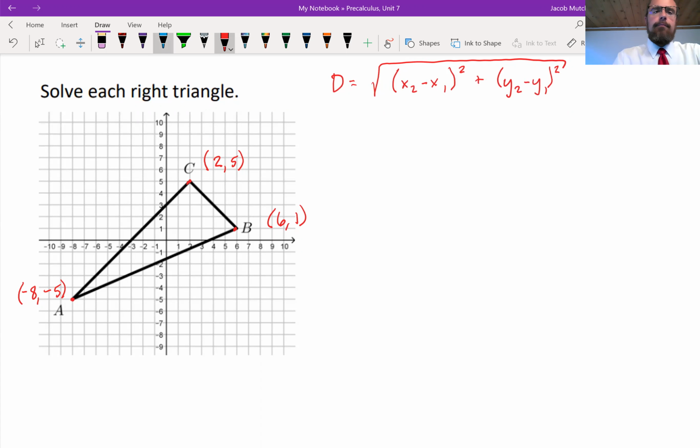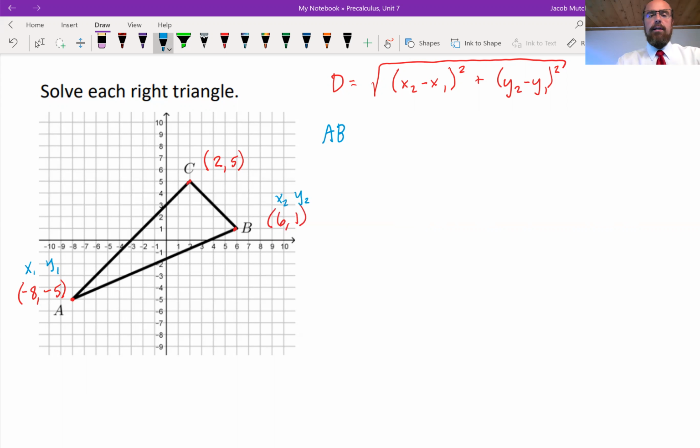So as I set up for side AB, I need to label x2, x1, y2, y1. So remember, those go together. So -8, if I'm labeling A, it's going to be x1, y1. And then vertex B is going to be x2, y2.